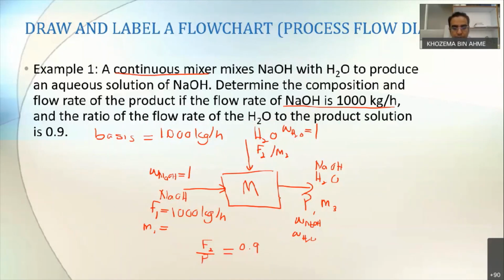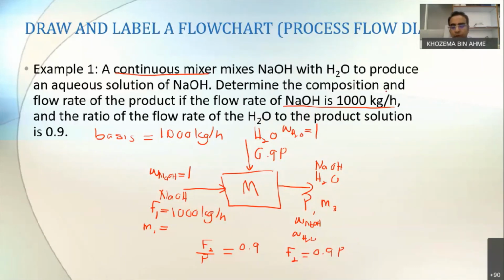Based on this relationship, F2 is equal to 0.9 P. So instead of writing F2 or M2 here, I can just write 0.9 P.